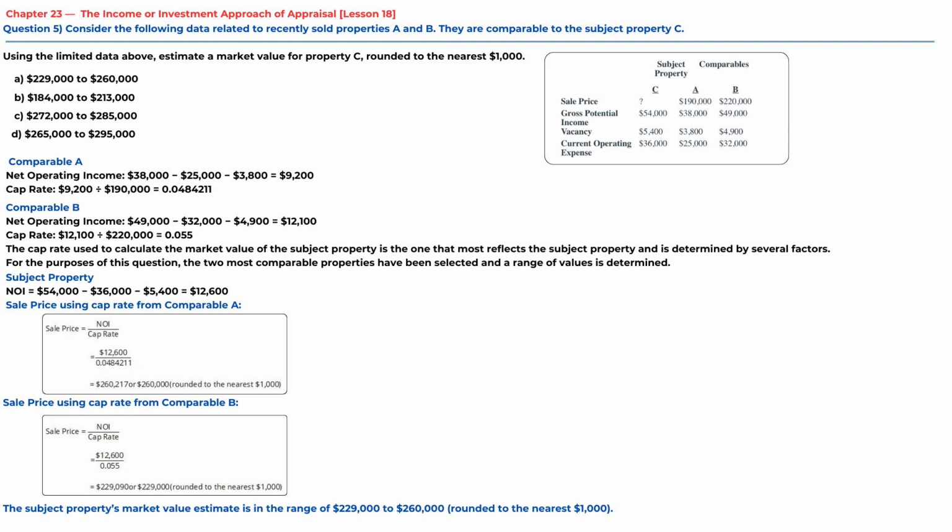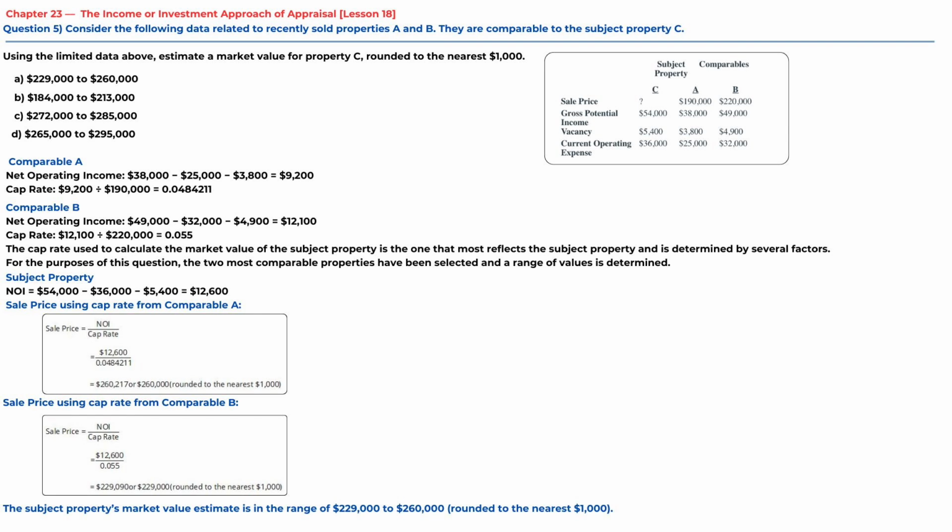Cap rate, $9,200 divided by $190,000 equals 0.0484211. Comparable B. Net operating income, $49,000 minus $32,000 minus $4,900 equals $12,100. Cap rate, $12,100 divided by $220,000 equals 0.055.